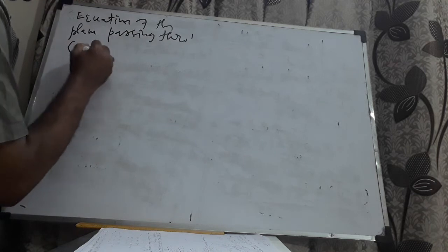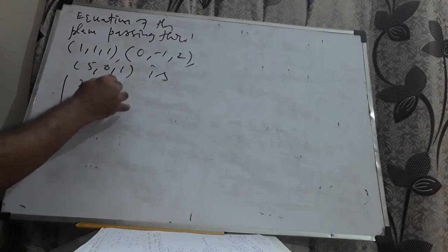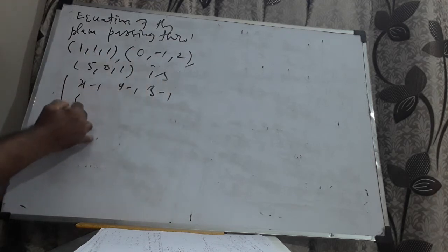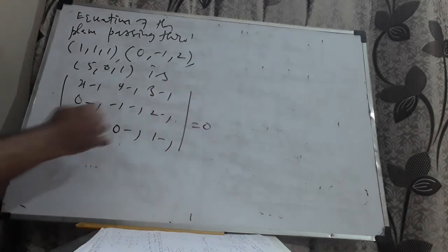Now, the equation of the plane passing through the points 1, 1, 1, 0, minus 1, 2, and 5, 0, 1 is the determinant x minus 1, y minus 1, z minus 1; 0 minus 1, minus 1 minus 1, 2 minus 1; 5 minus 1, 0 minus 1, 1 minus 1, equal to 0.